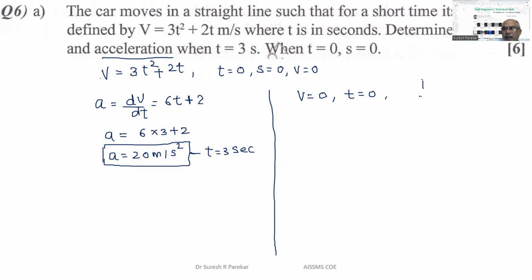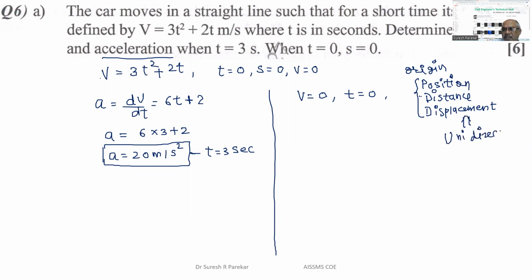In this problem my position, my distance and my displacement, all three are the same. If it starts from the origin, these values will be the same if the motion is unidirectional, and here my motion is unidirectional, because velocity never becomes negative: all terms are positive, and at t equal to 0, v is 0.